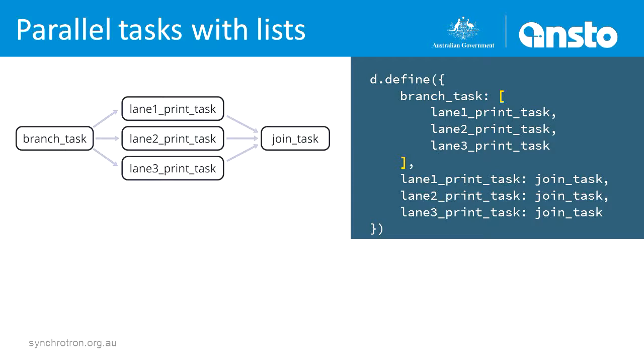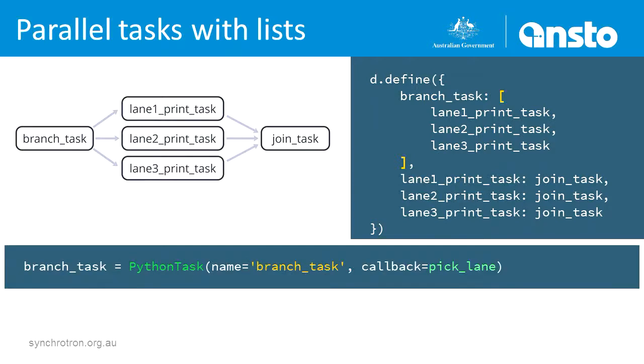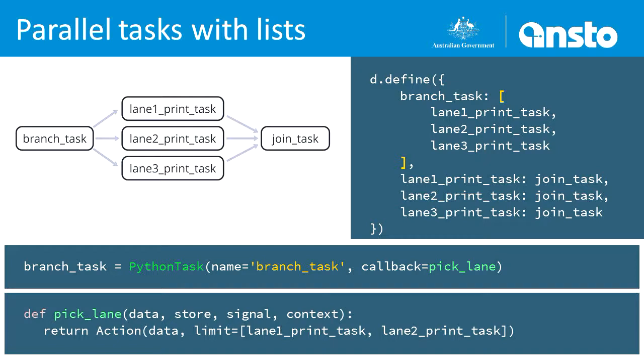But sometimes you don't necessarily want to branch out to all 3. Say you have a model, and something happens, and you only want to go to lane 1 and lane 2, and you ignore lane 3. How do you do that? Very easy. So that's, for example, your branch task definition. Again, it's a Python task. And as my callable at this point, I call pick lane, and that's the function. Usually, if you modify the data, it implicitly returns it to the next task.